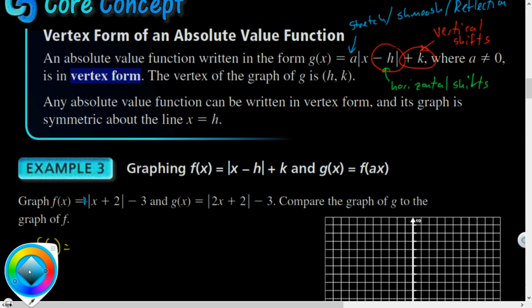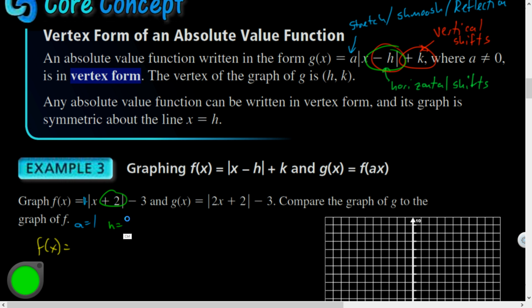What's the value of h? Let me write this down. So a equals 1. Now h, it's always minus h right here. So what would this h have been if that's showing up to be a plus 2?